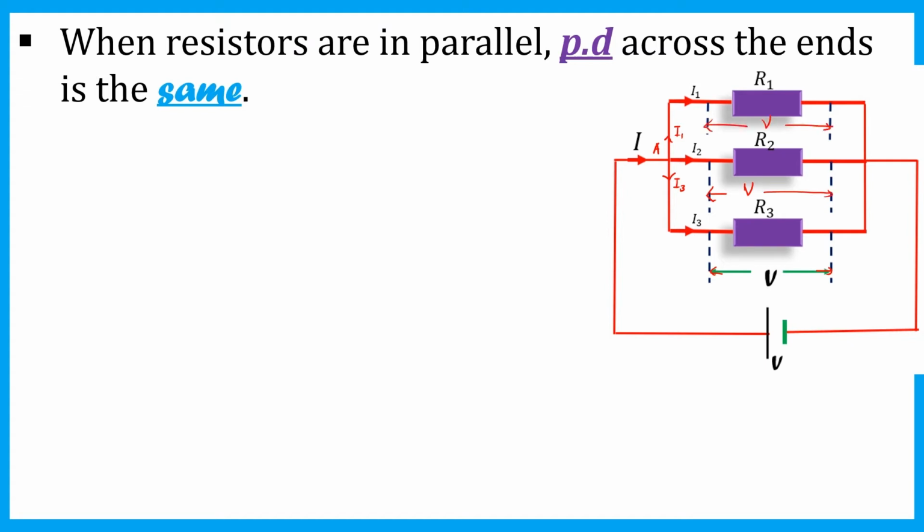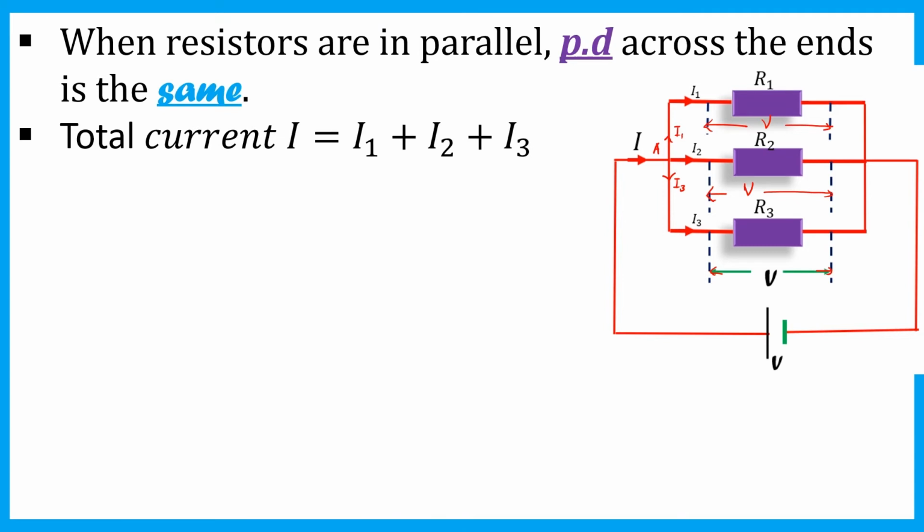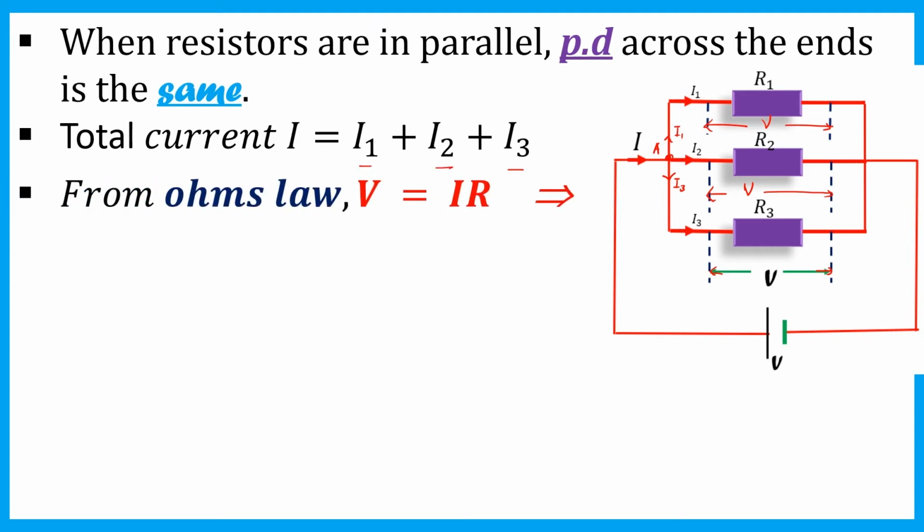Now the total current at this junction, using the junction law or Kirchhoff's first law, current I will be equal to the individual currents I1 plus I2 plus I3. From Ohm's law, V is equal to IR.